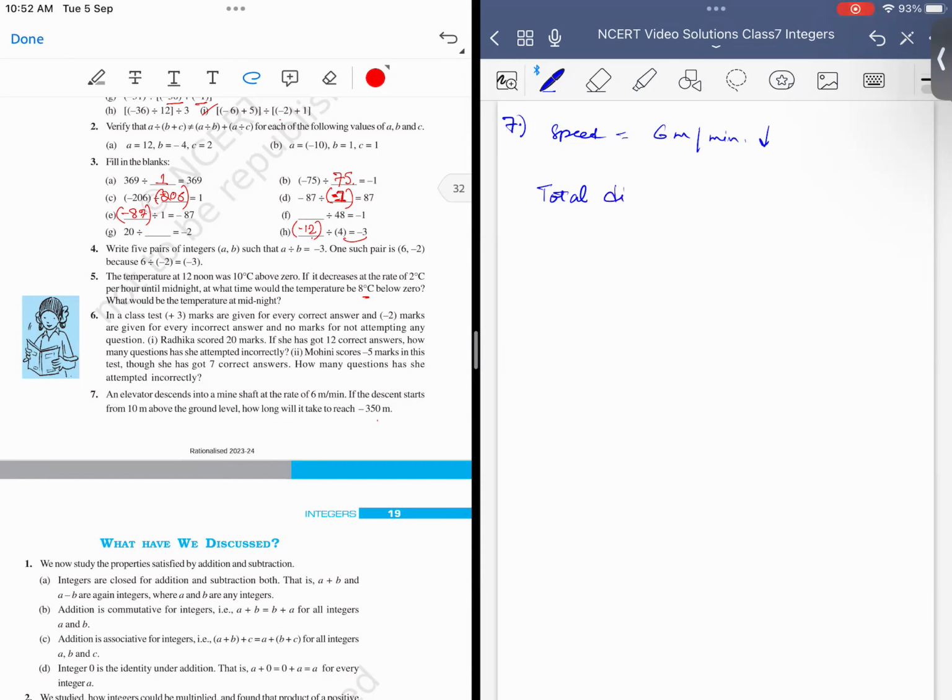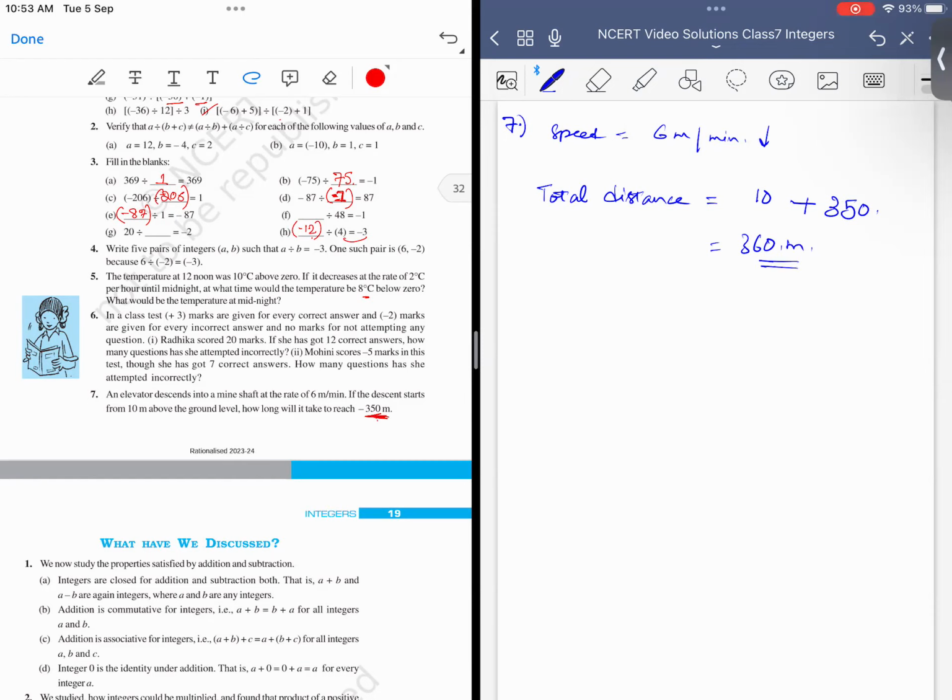So the total distance covered is how much? 10 meters above, and plus this, down 350 meters. The total distance this lift has to travel is 360 meters. You might be thinking why it is given as minus 350.